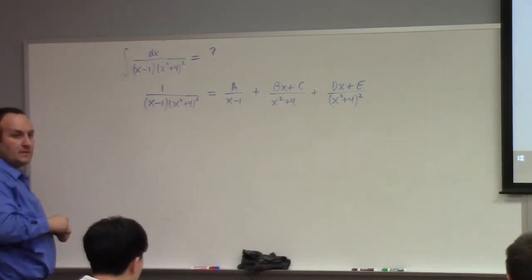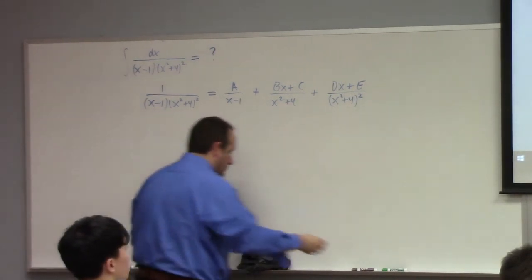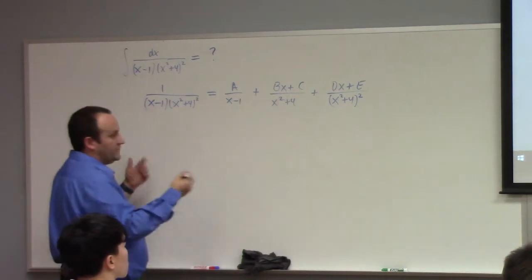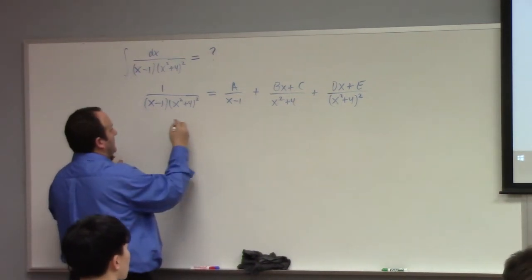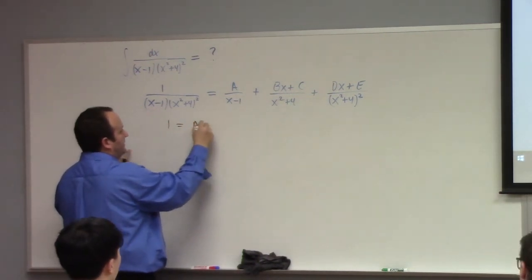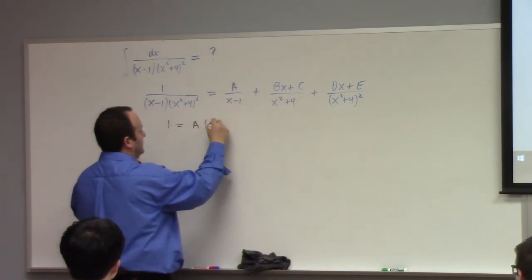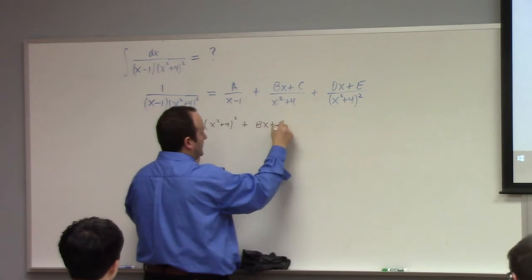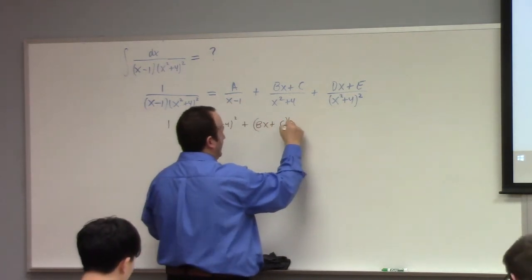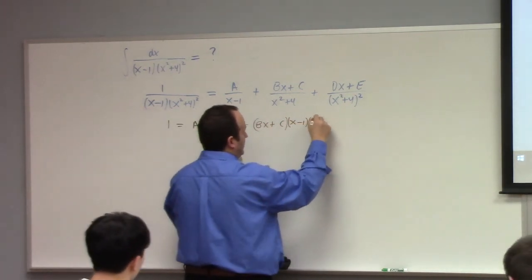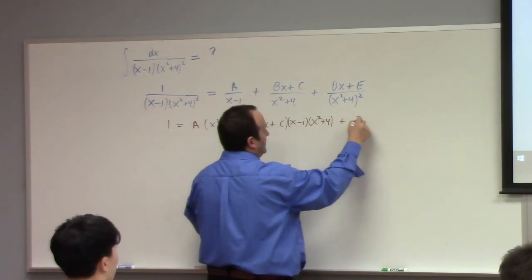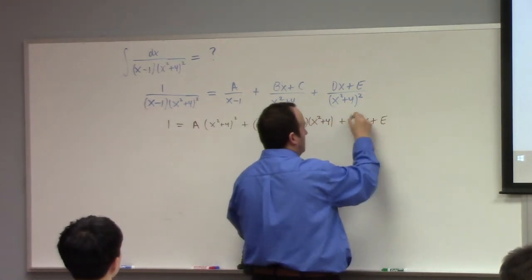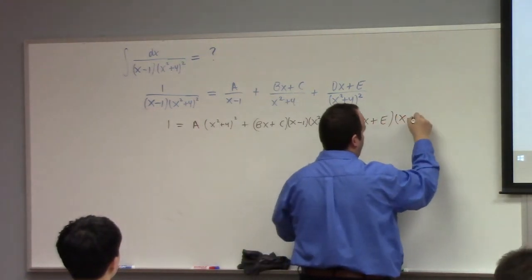All right? Now let's work it out. So we have 1 equals A times (x squared plus 4) squared plus (Bx plus C) times (x minus 1) times (x squared plus 4) plus (Dx plus E) times (x minus 1).